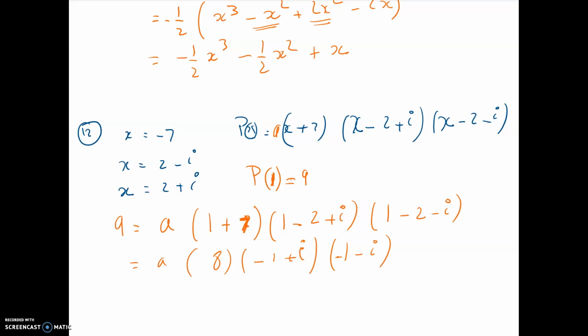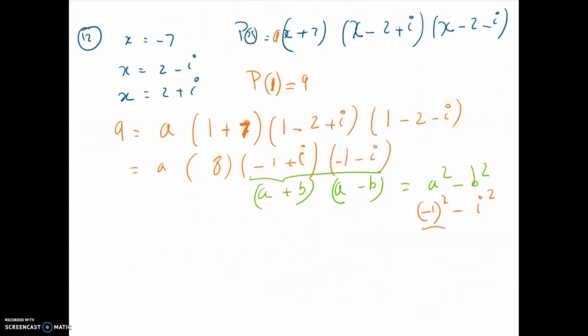I can see right here that I am dealing with a plus b times a minus b, and I know it's supposed to be equal to a squared minus b squared. In that case, it's going to be equal to negative 1 squared minus i squared.